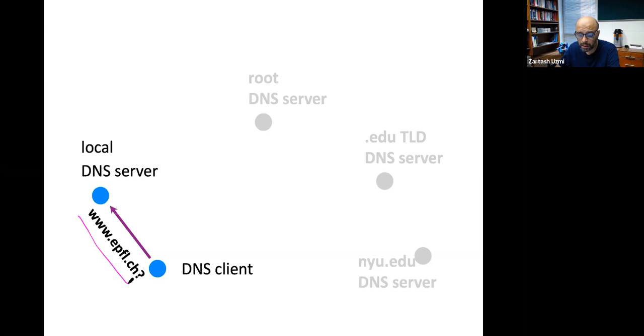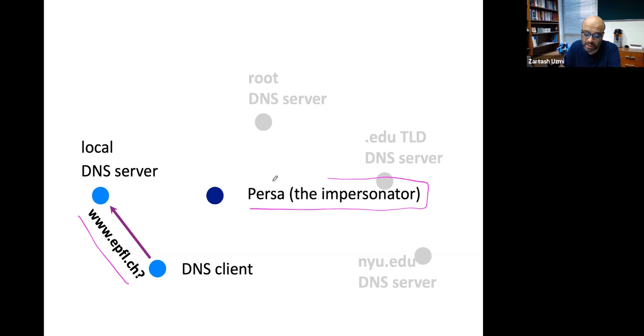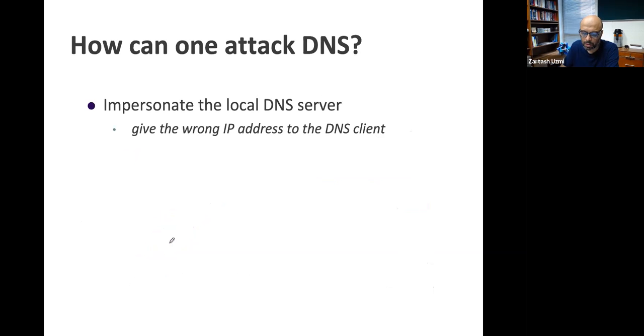You send this query to the local DNS server, but somebody else on the network, this impersonator, sees your query, and instead of the local DNS server replying, this guy will reply first and will give you 1.1.1.1, which is an incorrect translation. कोई incorrect translation उसने दे दिया आपको, and you will think that it is the correct translation. You will contact 1.1.1.1, and then maybe you will be served some page which is not what you intended to see. So one way is to impersonate the local DNS server and give the wrong IP address to your DNS client.